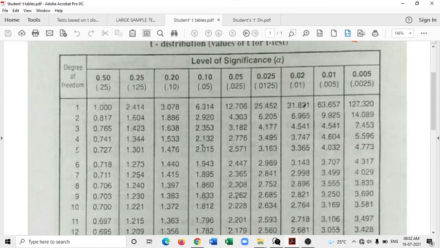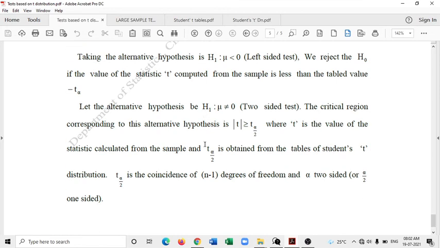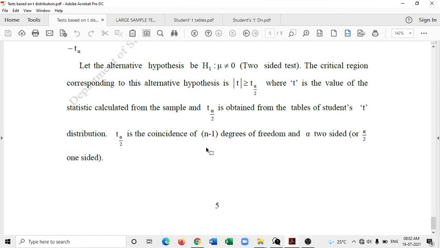So alpha two-sided and alpha by 2 one-sided are recorded in the same column. Thus the critical region for testing H0: mu d equal to 0 against H1: mu d not equal to 0 is modulus t greater than or equal to T alpha by 2. That's it. So that's about the t-distribution test for dependent samples.